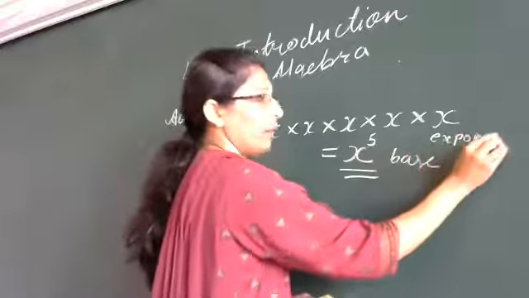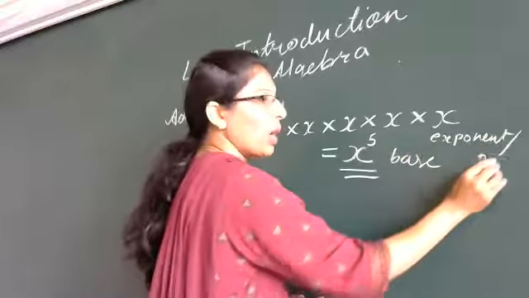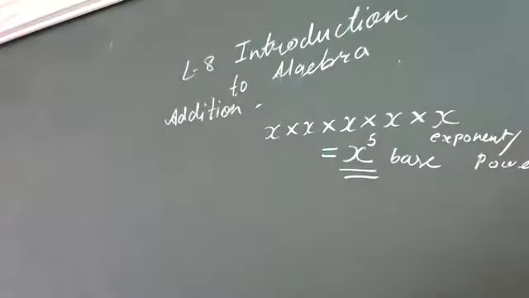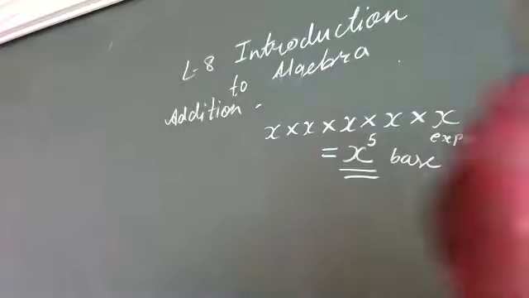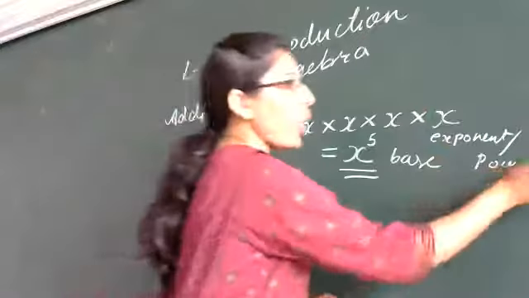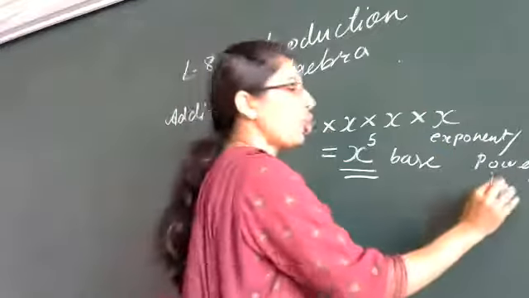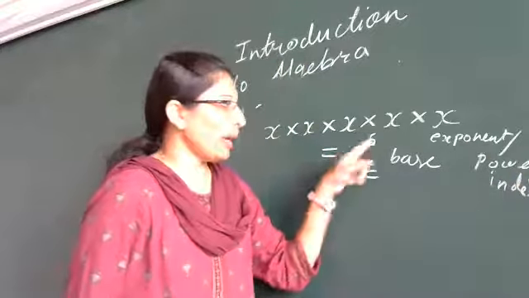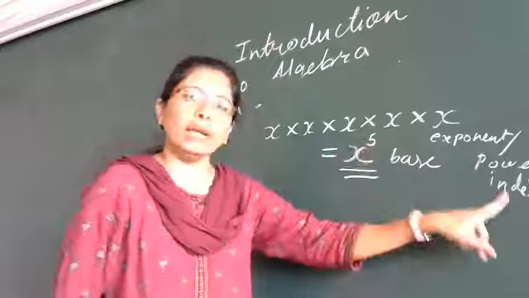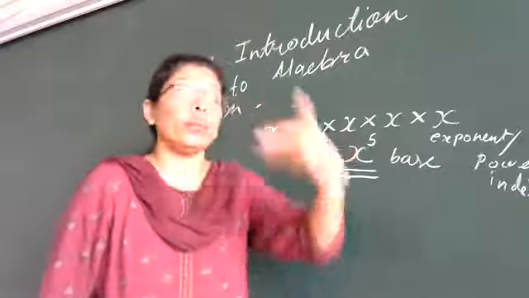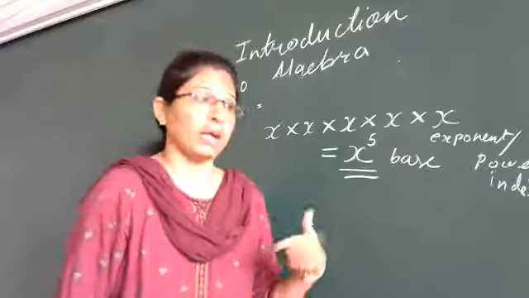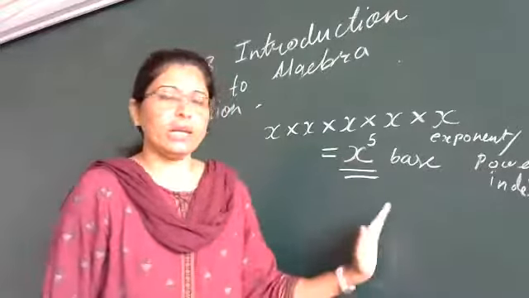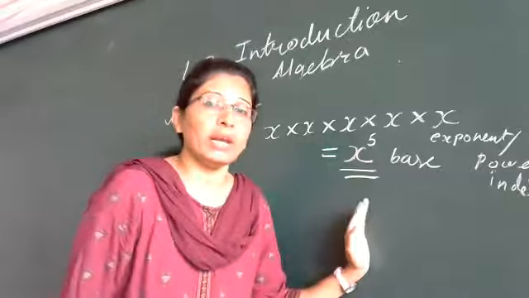Exponent or power. Not root, only square. Power, or it is known as index also. There are three names for it. Exponent, power, or index. This upper number means how many times we are multiplying. And this down is base. Okay. So this is how we can read it.